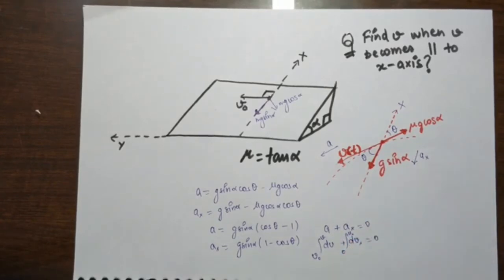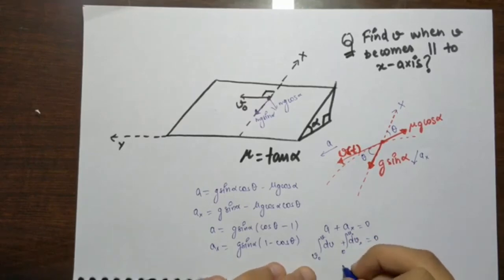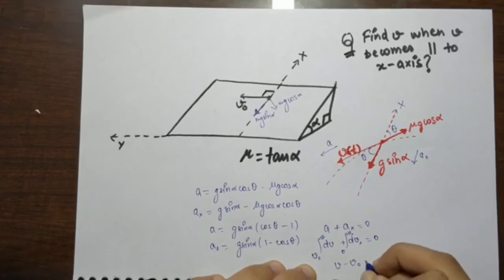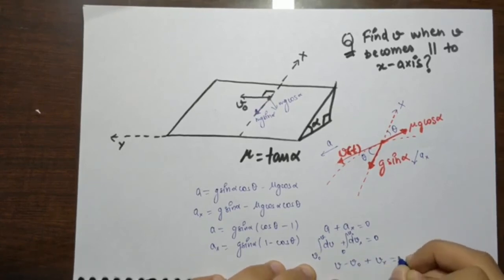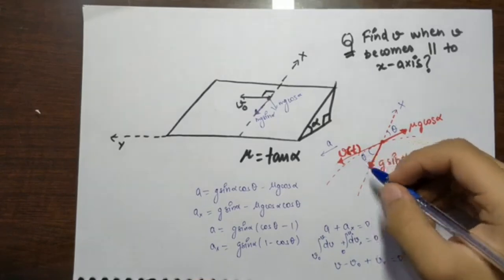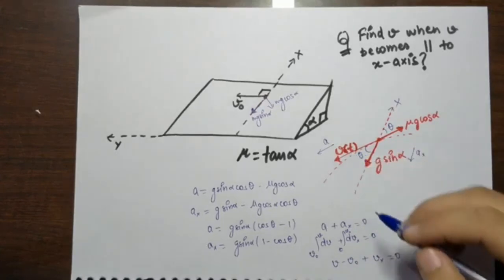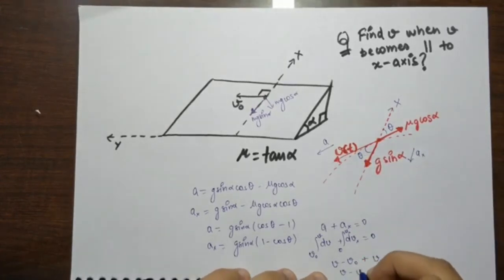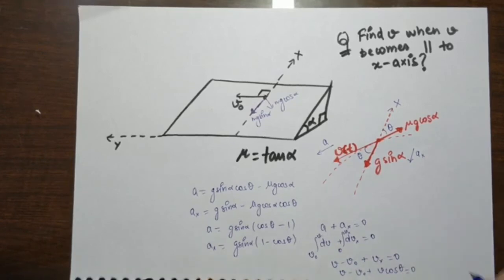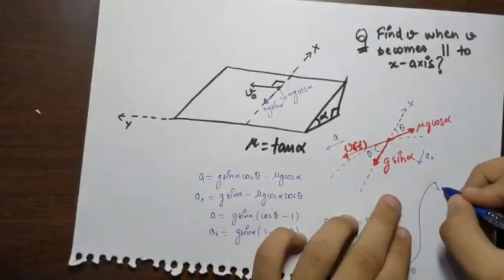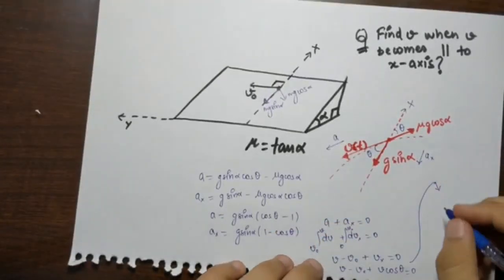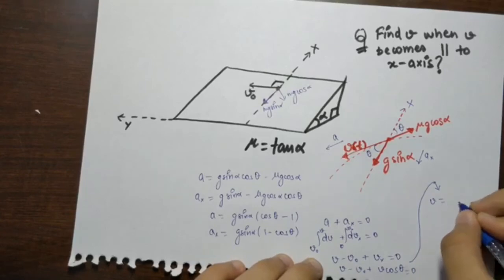We are just assuming now. By integrating and putting in the limits, we get v minus v0 plus vx equal to 0. From here vx, in the direction of the x-axis, will be v cos theta. So v minus v0 plus v cos theta equals 0. From here we get an interesting result, which is v equals v0 upon (1 plus cos theta).